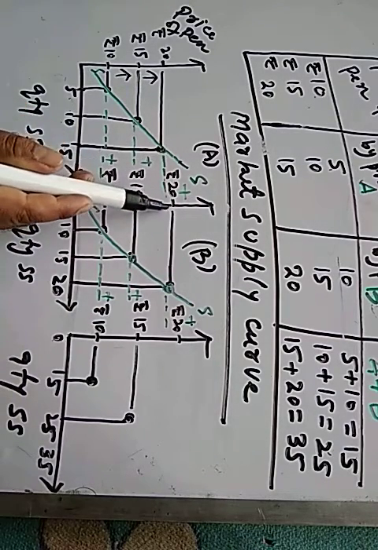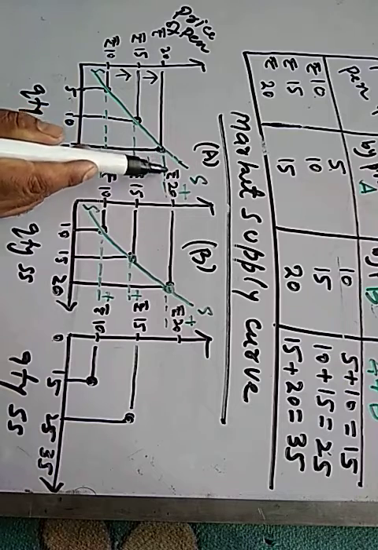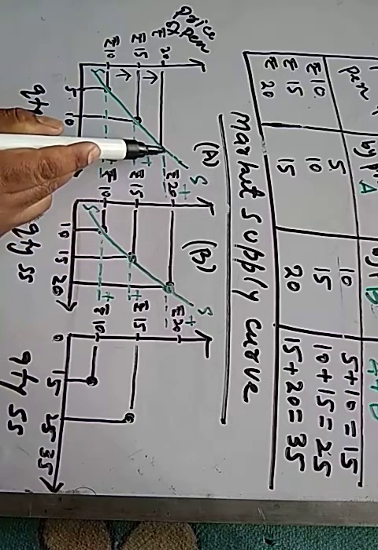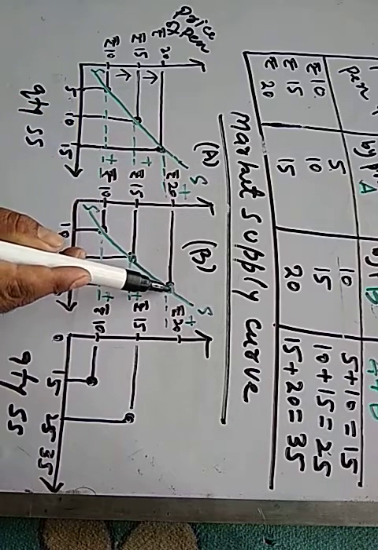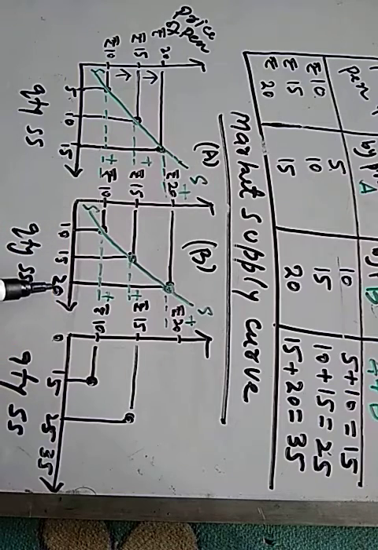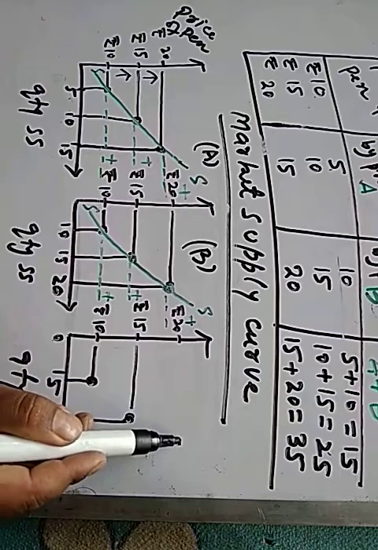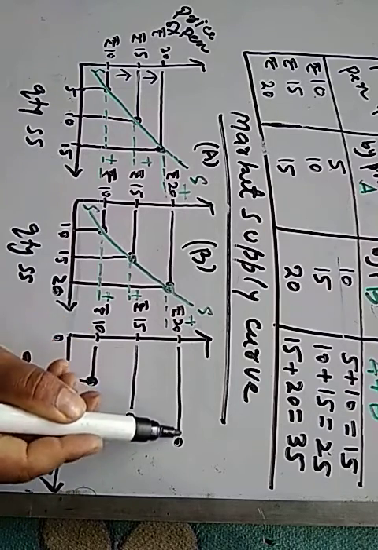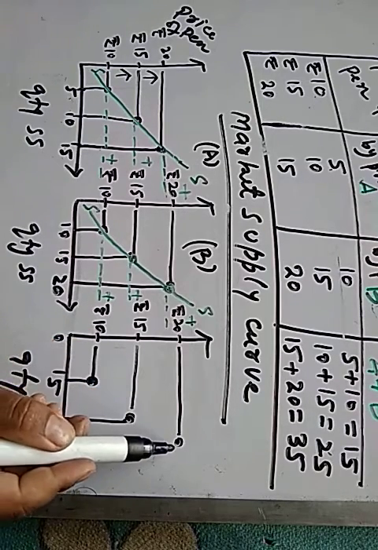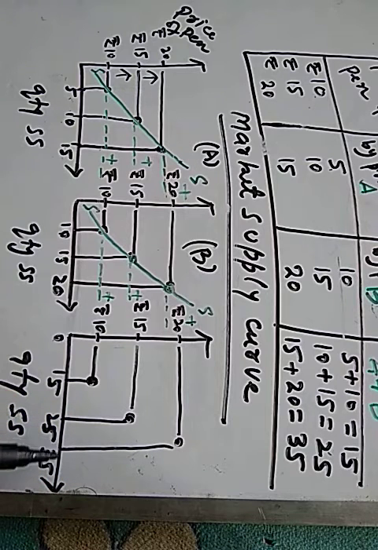Now we will add up, the horizontal summation. This plus this will be equal to 15 plus 20, which is equal to 35. Here when price is 20, market supply is 35.